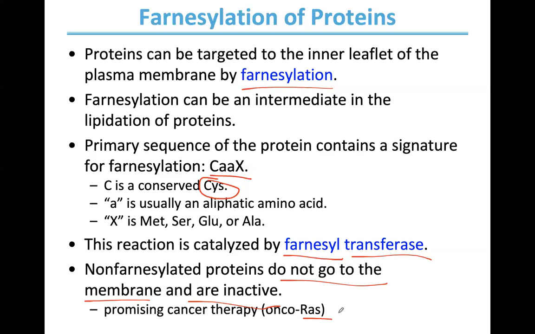When we talk about signal transduction, we'll talk about the RAS protein. And when we see onco, that means it promotes cancer, right? So onco-RAS protein used to be a promising cancer therapy target, but right now people are not so enthusiastic about it anymore.